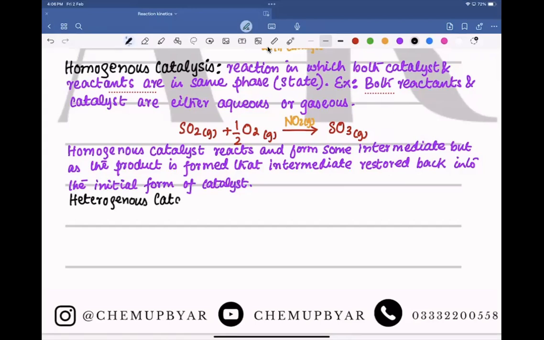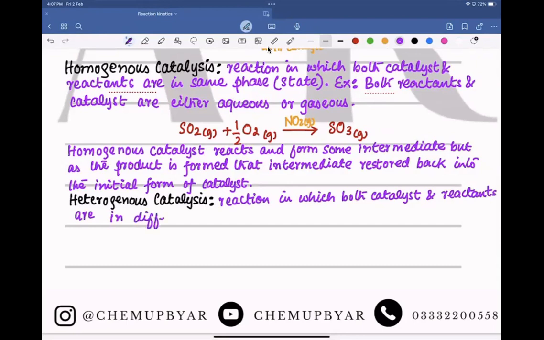Okay. Then we have heterogeneous catalysis. It is a reaction in which both catalyst and reactant are in different phases.